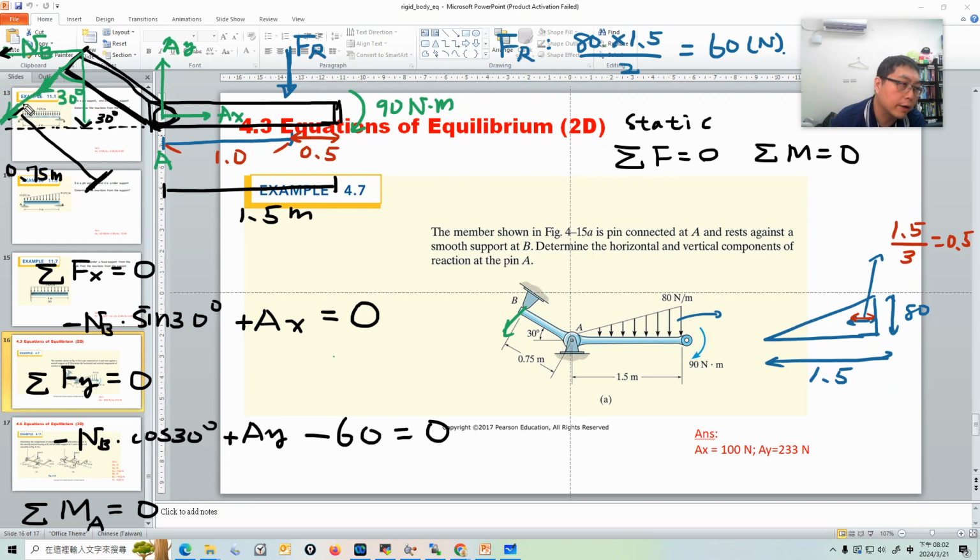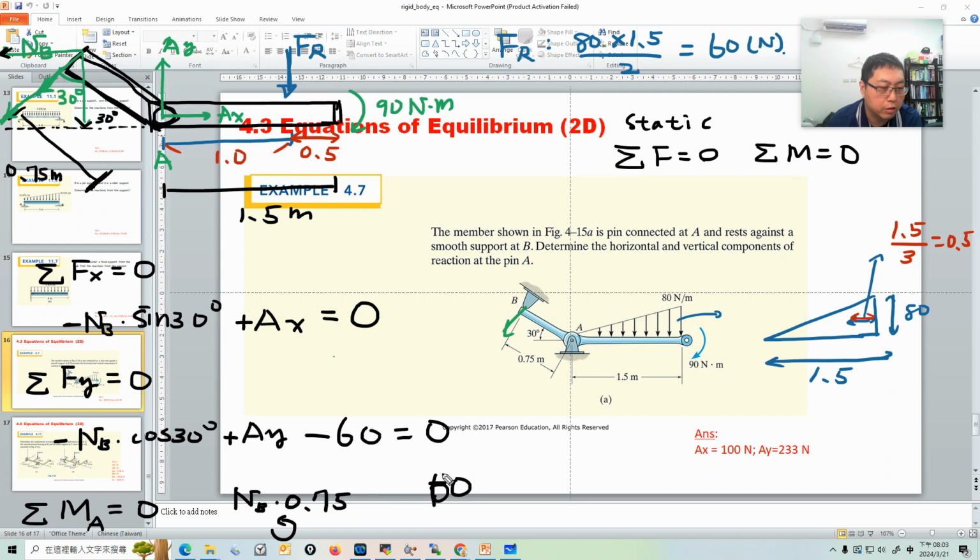The force is in this direction, so it creates a counterclockwise moment, which is positive: MB times 0.75. The moment from these two forces is ignored because they act at point A. The resultant force here creates a clockwise moment with respect to A.